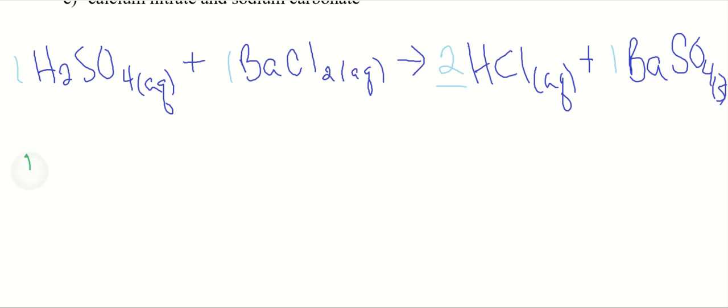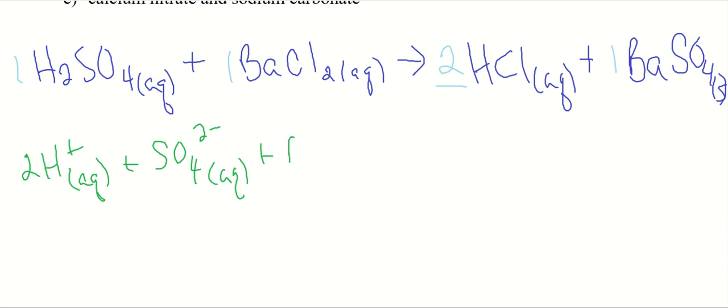So it's going to be 2 H+ with AQ, and then sulfate is SO4 with a 2 minus charge, AQ, plus a barium cation, which is group 2, so 2 plus, AQ. And bring that 2 to the front, because otherwise you're saying it's a molecule, and it's not. These are all freely floating ions, so we want to separate them.